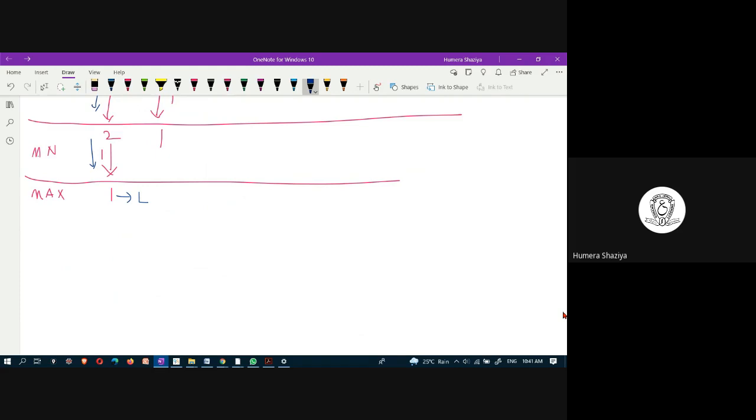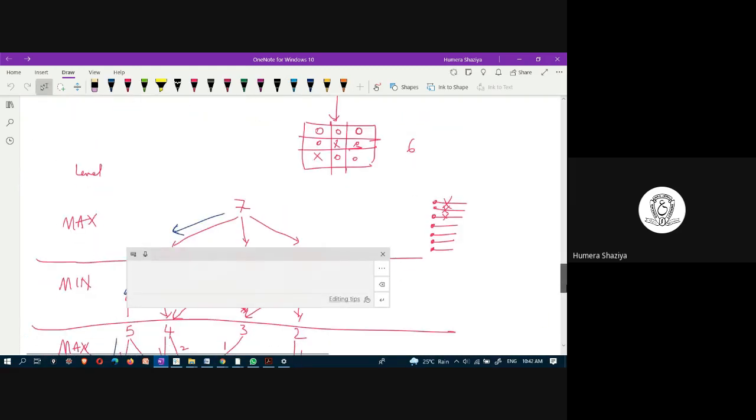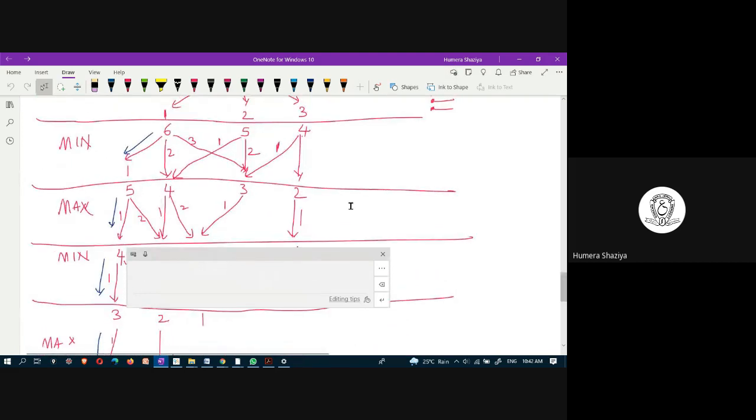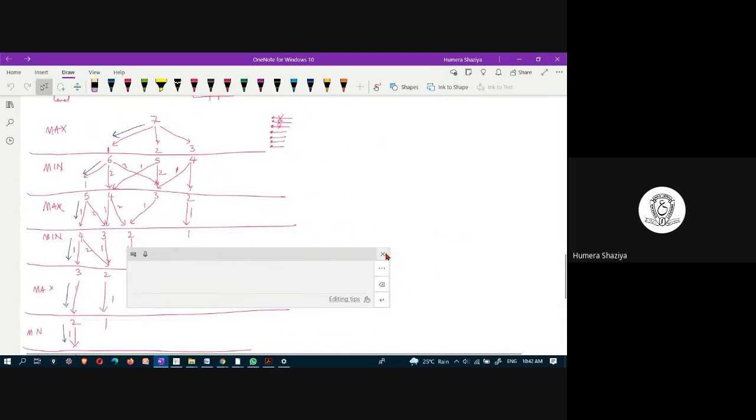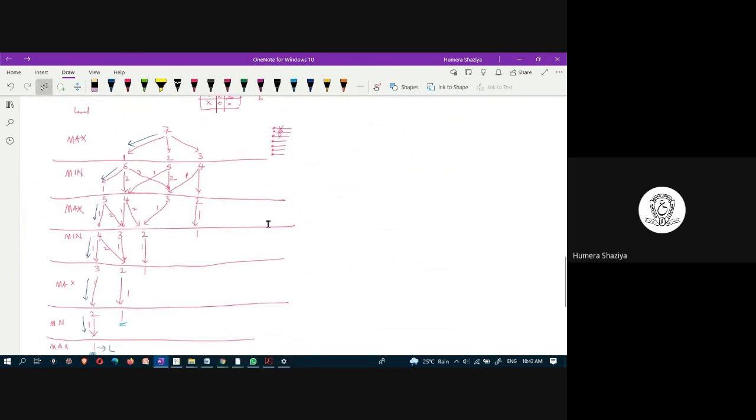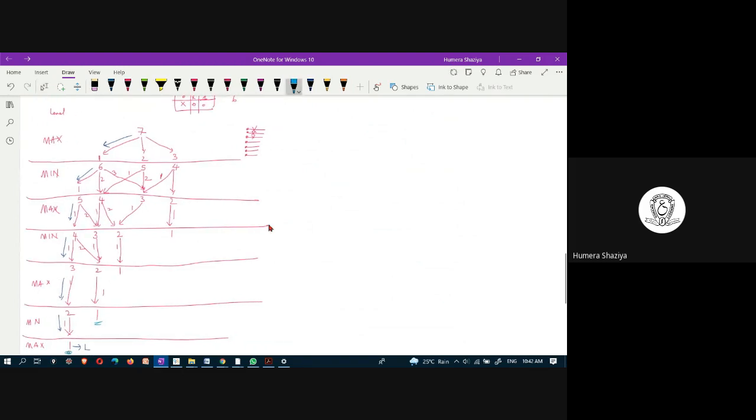Terminals are this one, this is terminal, this one is terminal, this one is terminal, this one is terminal, this one is terminal. Terminal means the last one, the leaf node, to which there are no successors. And all the others are non-terminals.